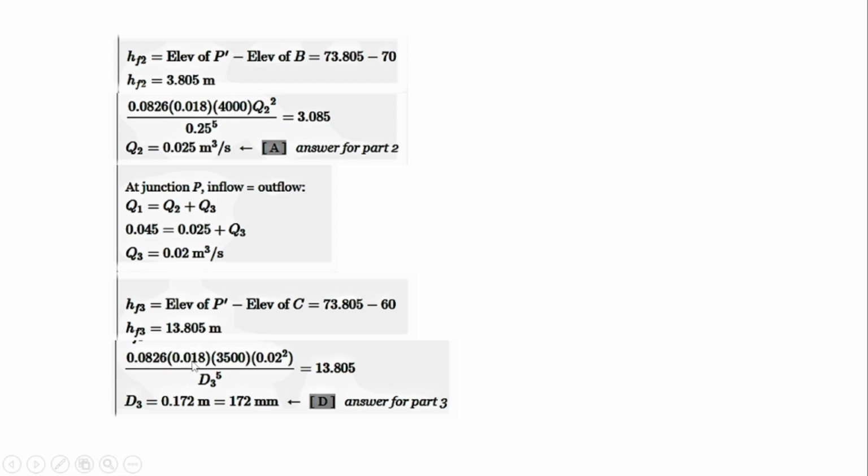So 0.0826 times 0.018 times the length of pipeline 3, which is equal to 3,500, times 0.02 squared, which is the discharge in pipeline 3, all over the diameter raised to 5, is equal to our major head loss 3, which is equal to 13.805. Therefore, the diameter in pipeline 3 is 172 millimeters.